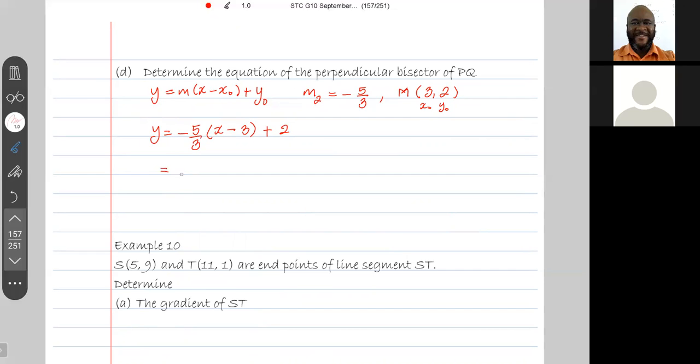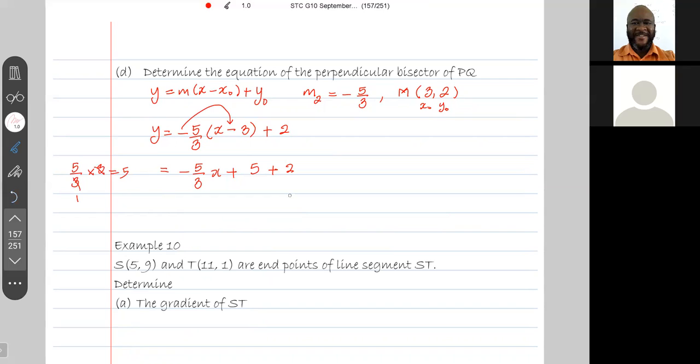A negative times a negative is a positive. 5 over 3 times 3 is 5. 5 plus 2 is 7.